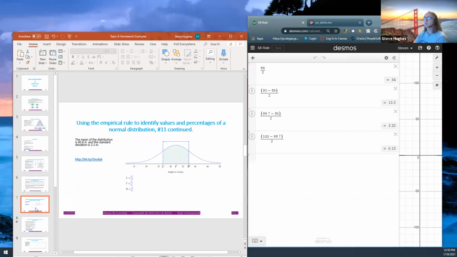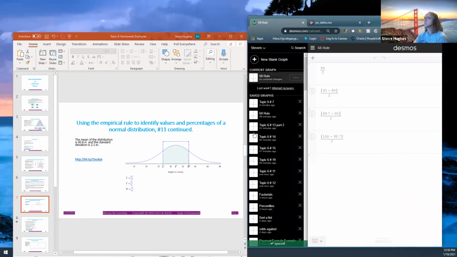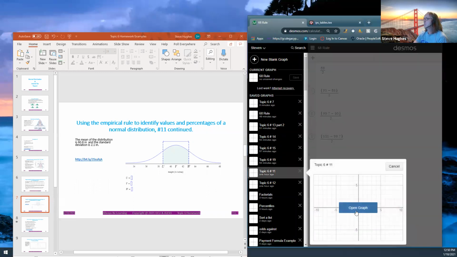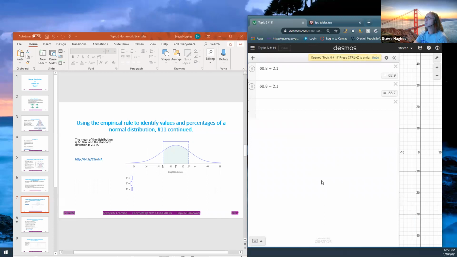Okay, let's see what we're working with. This is question number 11. Let's pull that up in our calculator. All right. First of all, remember that the mean is the number that is in the center of our graph at the highest point. That's what our previous chart told us. All right, therefore, let's draw a straight line here. We're just going to approximate this, right?